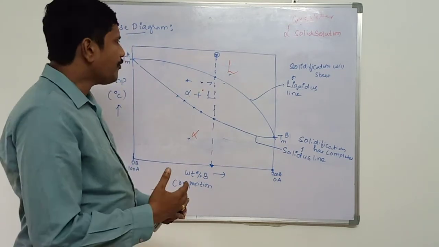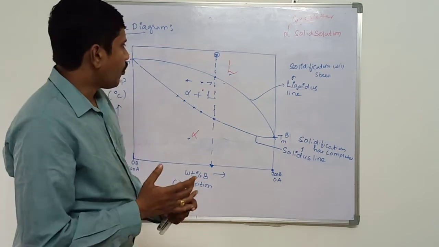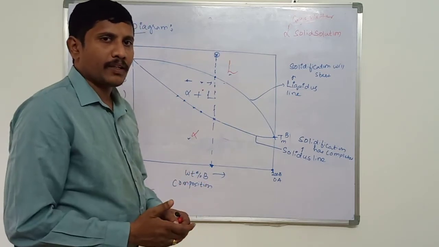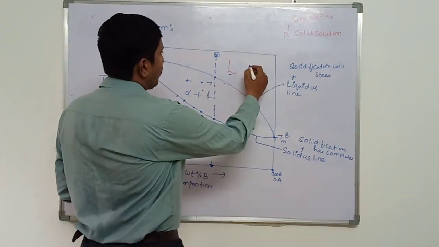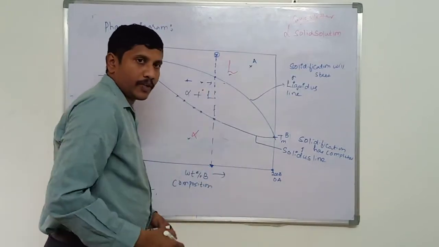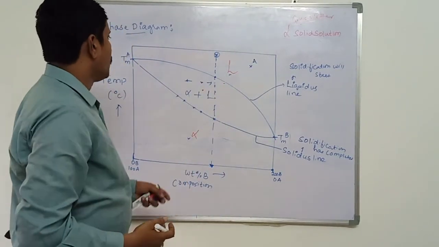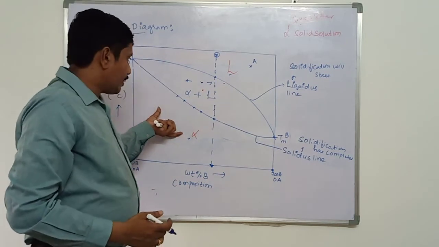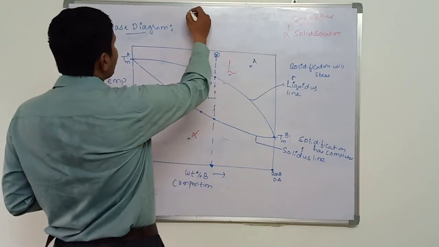Now in this diagram, if you want to find the degrees of freedom at various points, for example, if you consider a point A, if you apply the Gibbs phase rule, so we all know that this phase diagram is plotted by assuming pressure as constant.